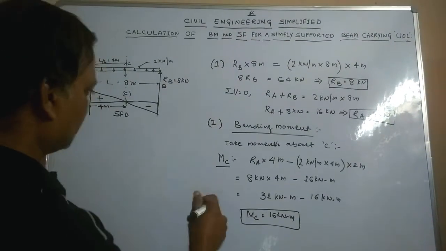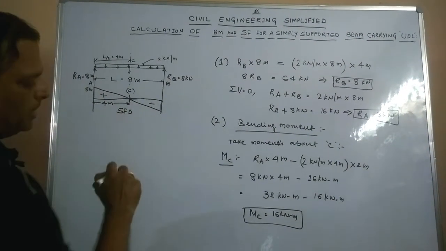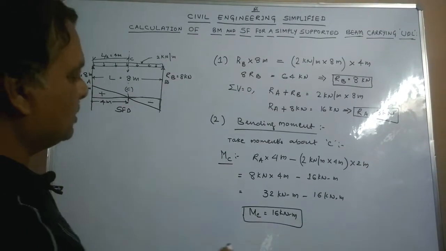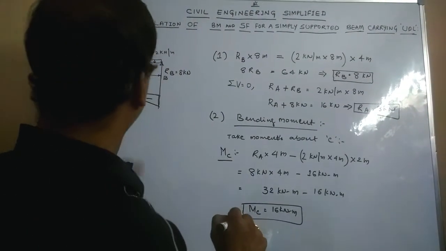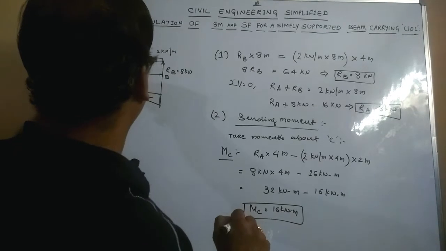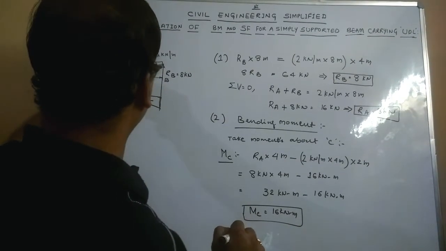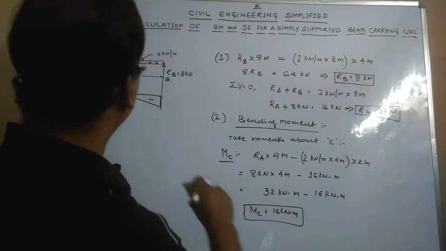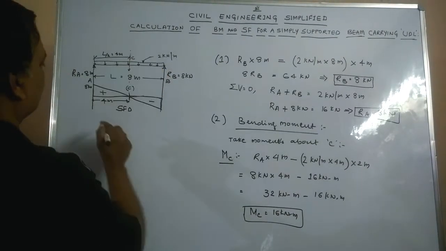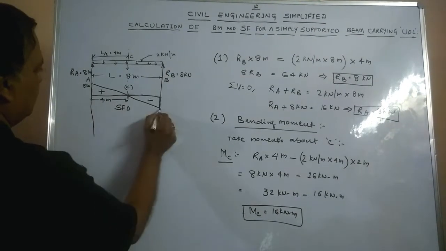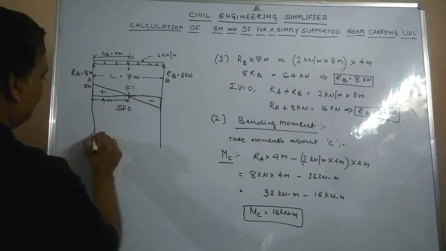Okay. So again, we can draw the bending moment diagram for this. As I have told earlier in my earlier lectures, for a simply supported beam, at the extreme ends the moment would become 0, and in this case, since this is a UDL, the bending moment diagram would be in the form of a parabola.